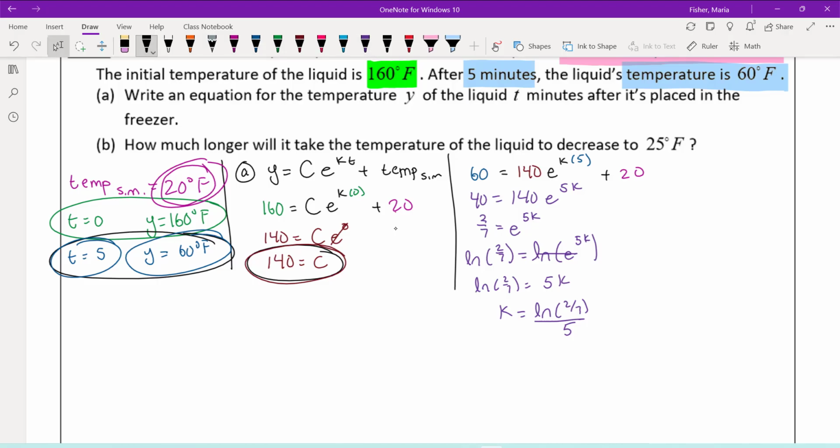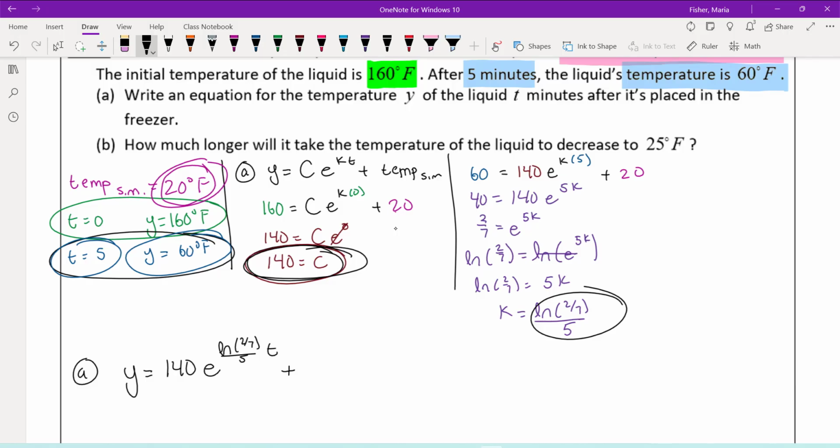Therefore, part A, the equation would be y equals c, which is 140, e to the k, which is this natural log of 2/7 over 5, t plus the temperature of the surrounding medium, which is 20.